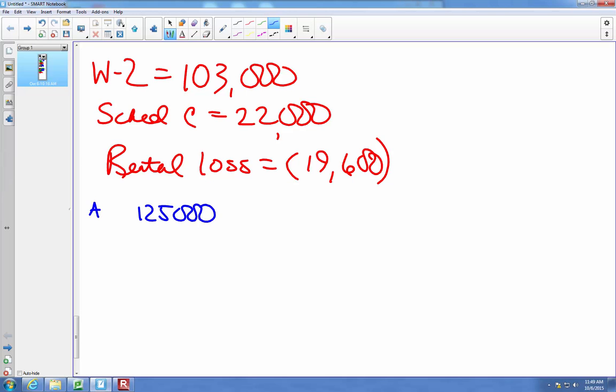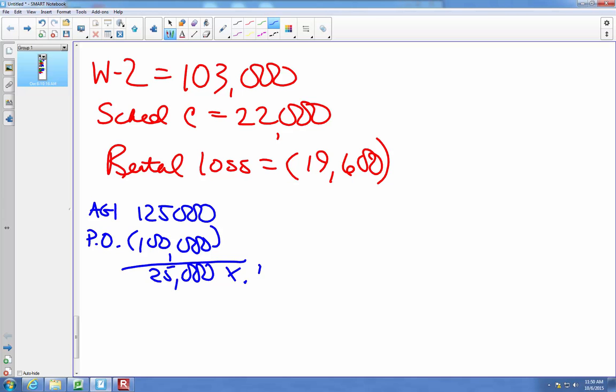Right? This is AGI. The phase-out amount was 100, and I lose half of the capacity to do that.